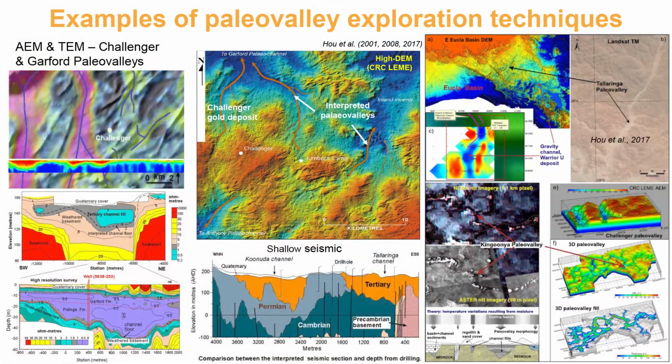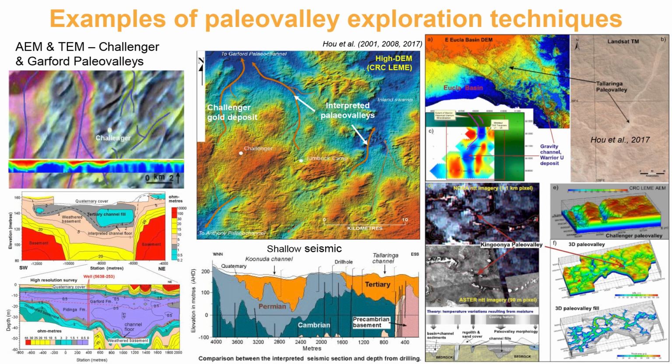In other places you can also use nighttime thermal or the DEM. DEM normally shows only the surface signal, and then you can trace that and say, here maybe paleochannel, maybe not. If you want to map the boundary, that's not possible. So if you want to map the boundary, you should use a subsurface method.